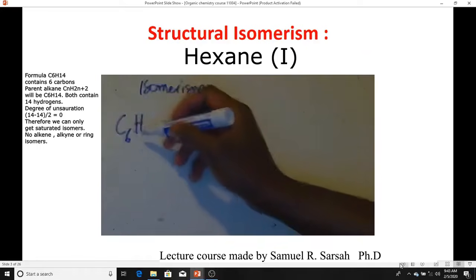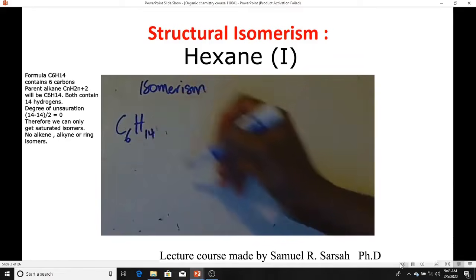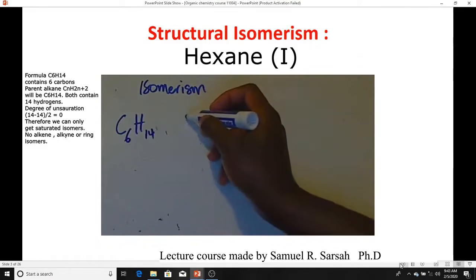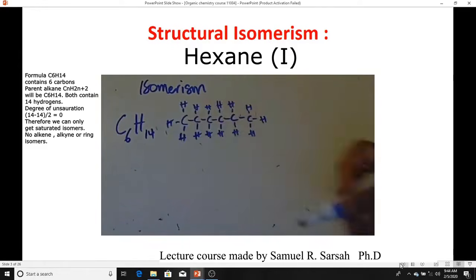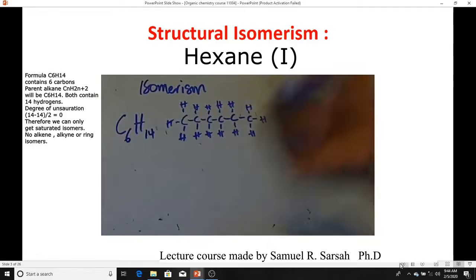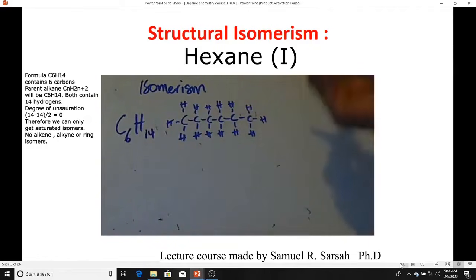Let's look at this. So CnH2n+2 gives 14 for hydrogen. Let's write the open structure of this. So this 6 carbon is a normal hexane. Now, because we have lots of carbons, that means we can also get a few structural isomers of this.